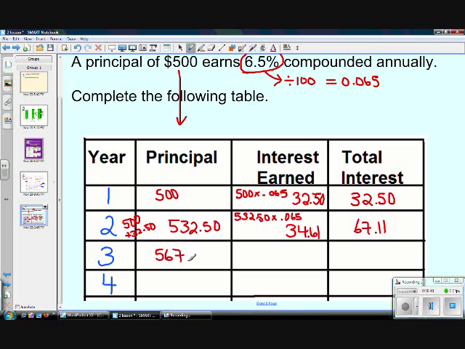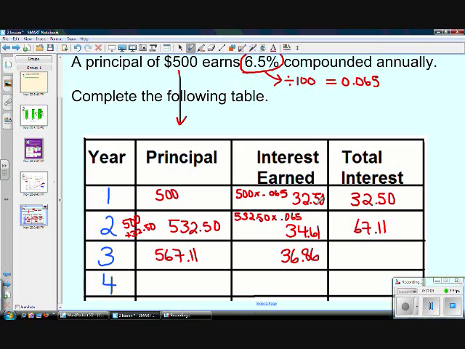And I don't like to think, to tell you the truth, sometimes. So this time I'm taking 6.5% of this number. And when I do that, I end up with $36.86.